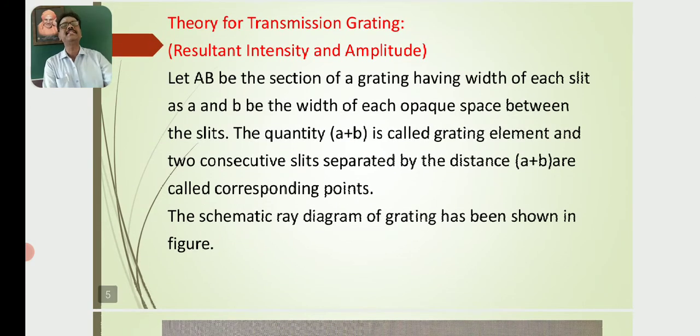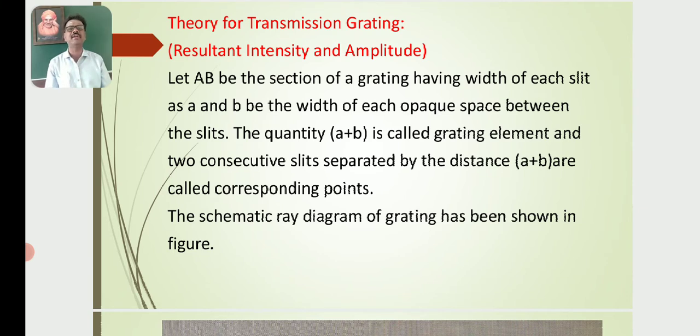Now let us discuss the theory of the transmission grating. Let AB be the section of a grating. Let a be the width of each slit, that is, the width of the transparent space, and let b be the width of each opaque space between the slits.